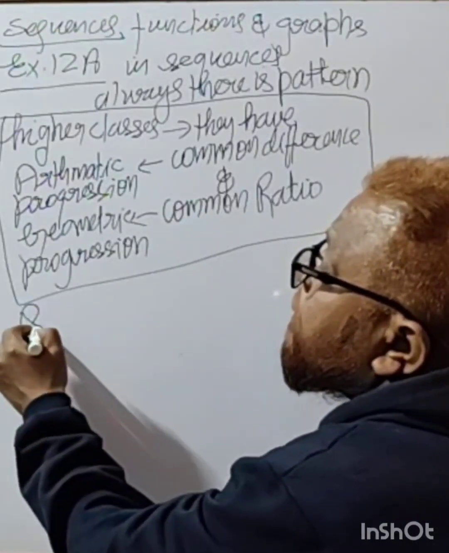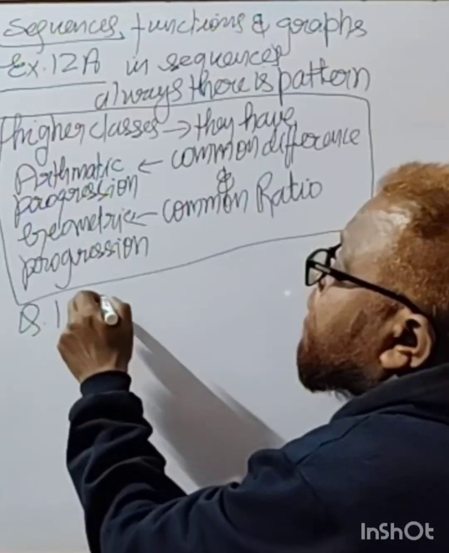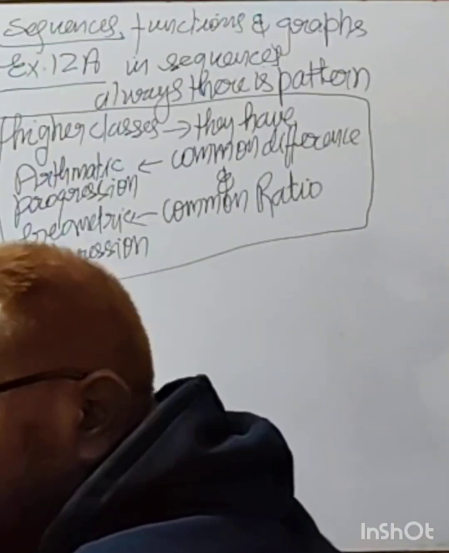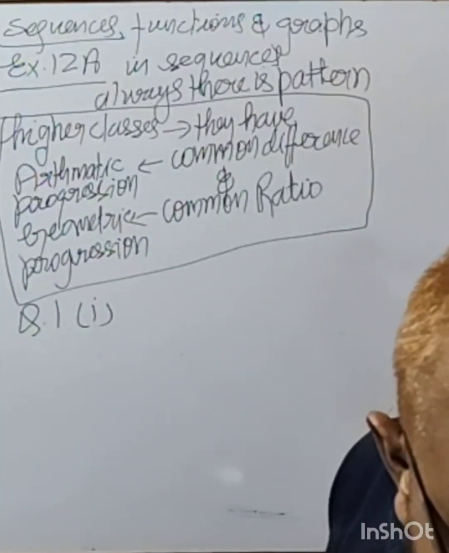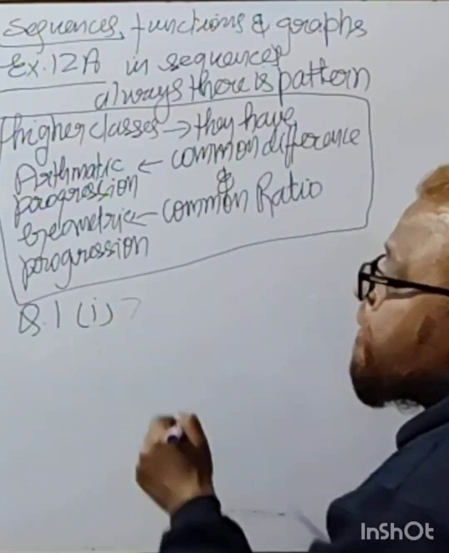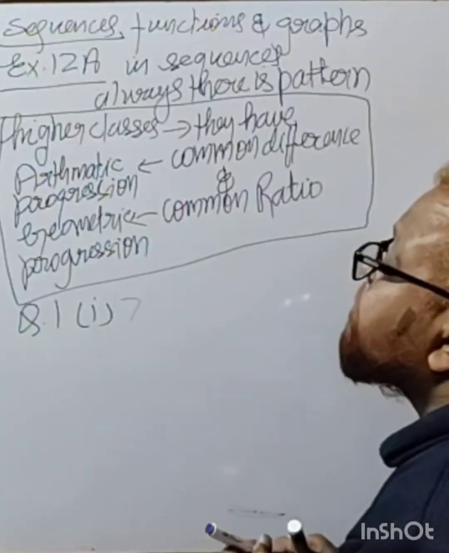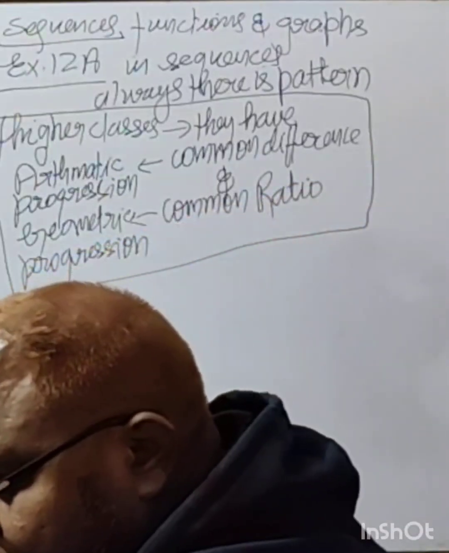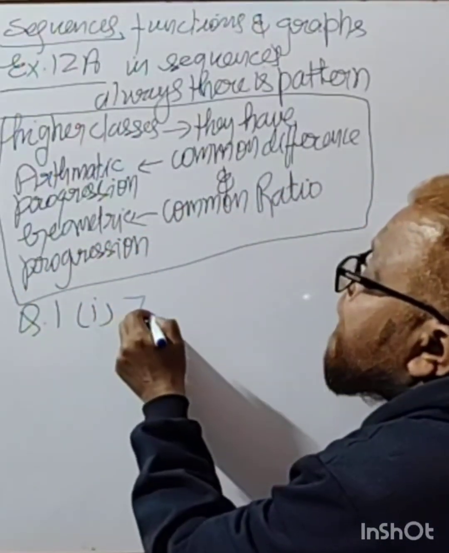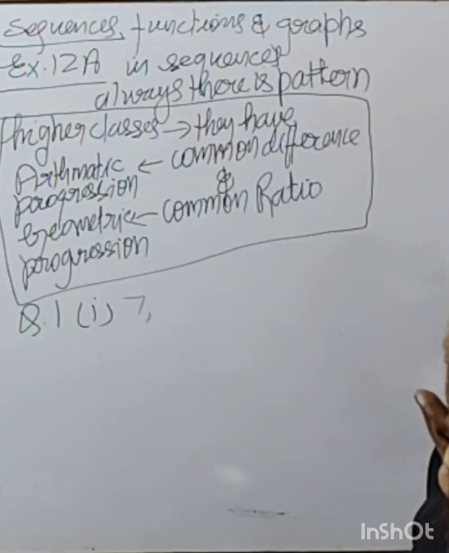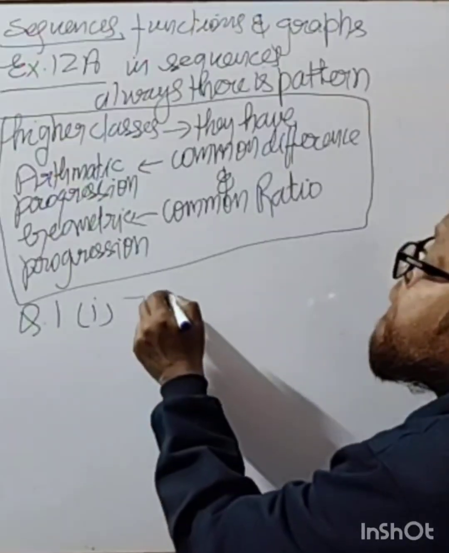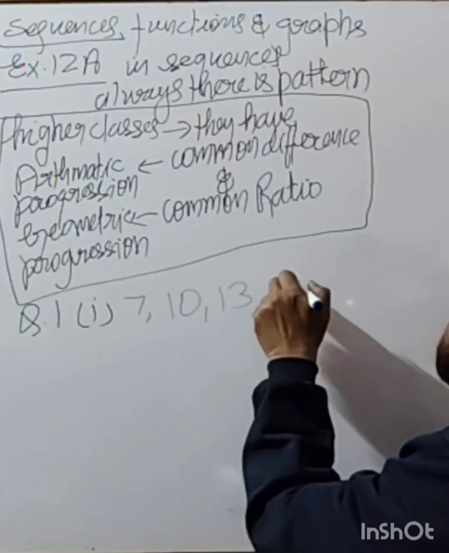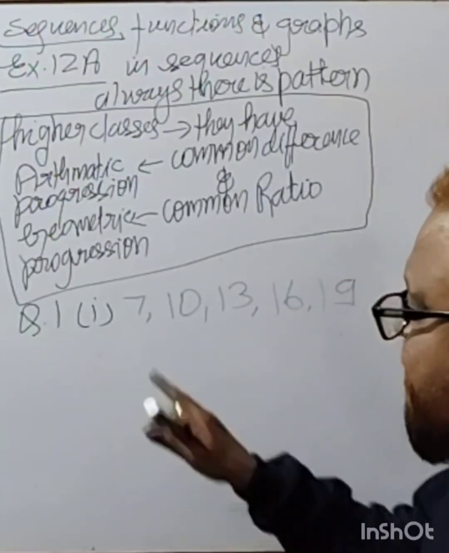We have the first question. Question number one, part one. It is saying 7, 10, 13, 16, 19.